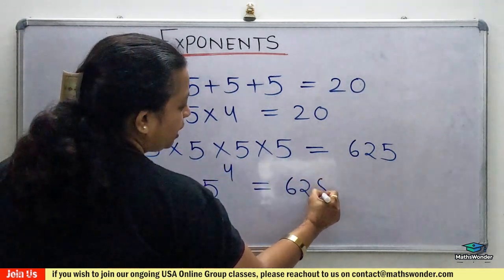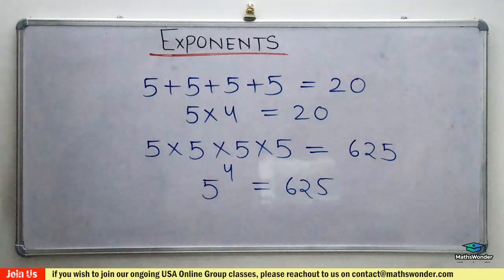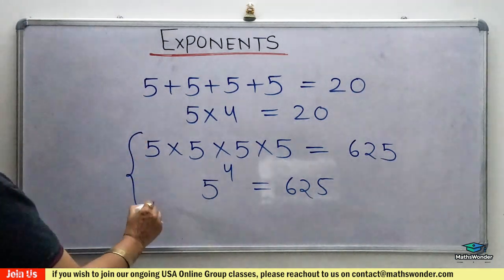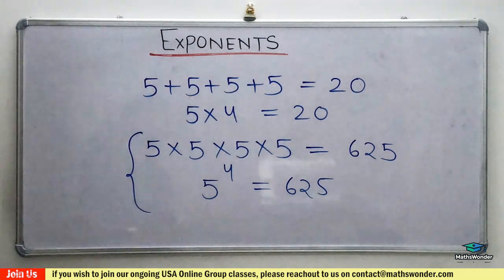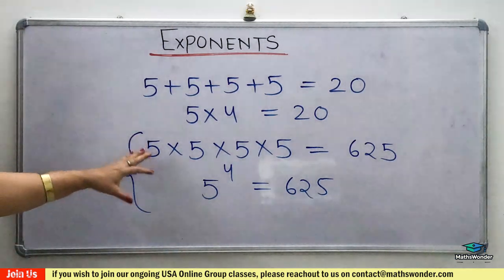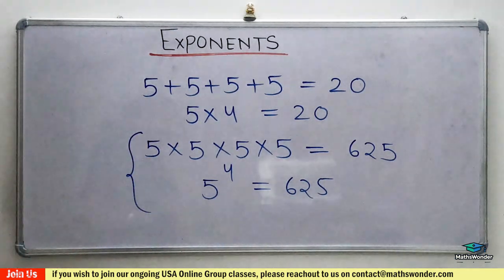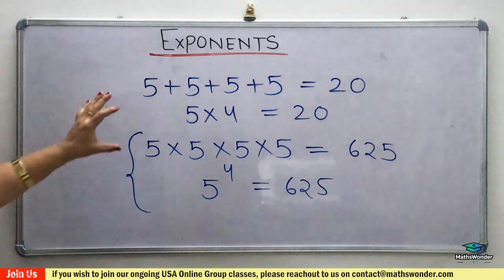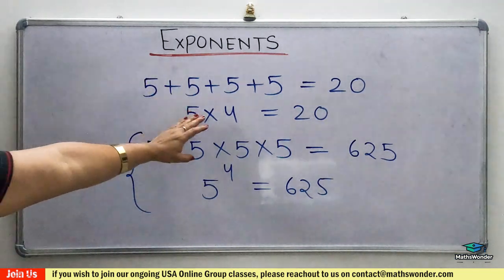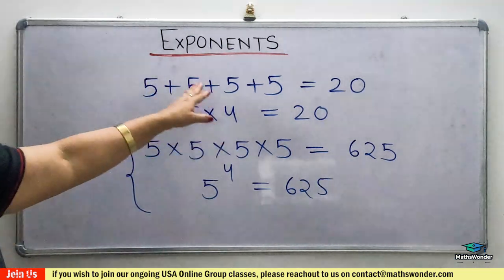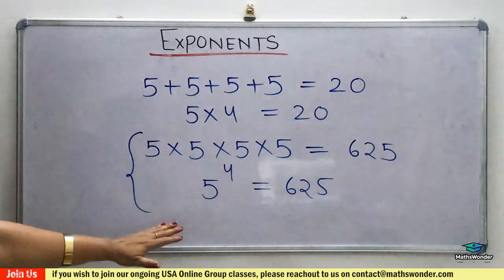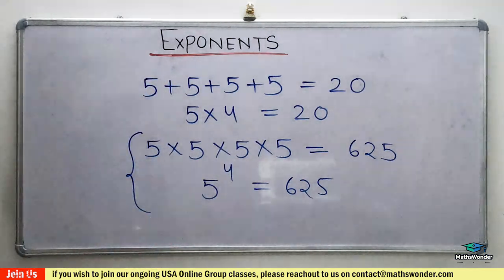Now we will learn in detail why and how we can write it like this. Basically, repeated addition can be written in a shorter form using multiplication, and repeated multiplication can be written in a shorter form using exponents.